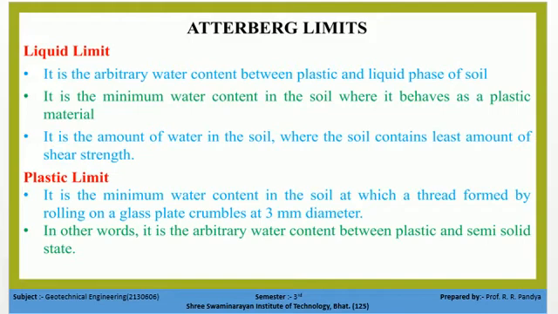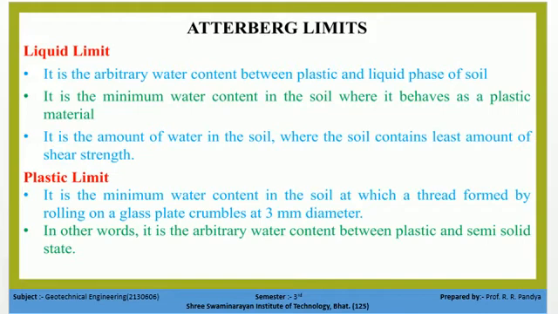The liquid limit is the amount of water in the soil where the soil has the least amount of shear strength. If we add a further amount of moisture to the soil sample, it will reduce all the shear strength if we increase the water amount more than the liquid limit.